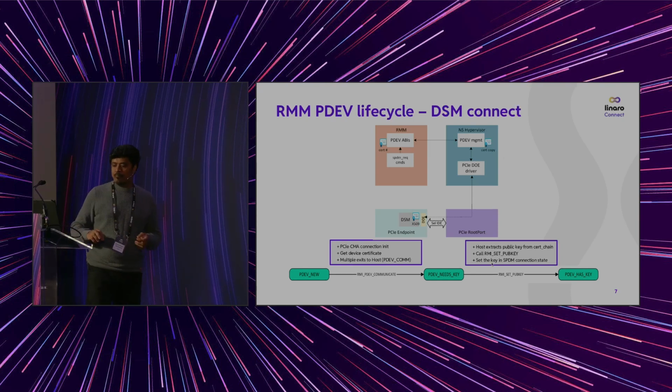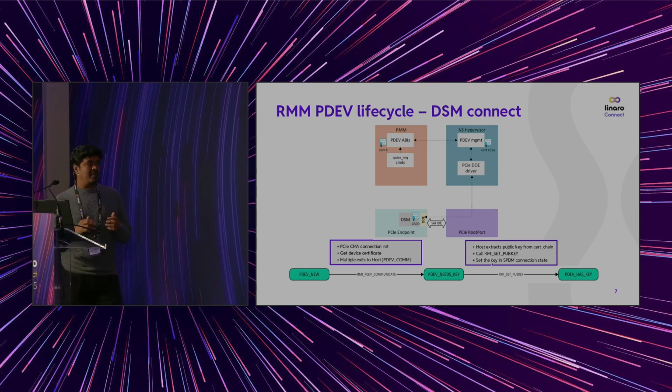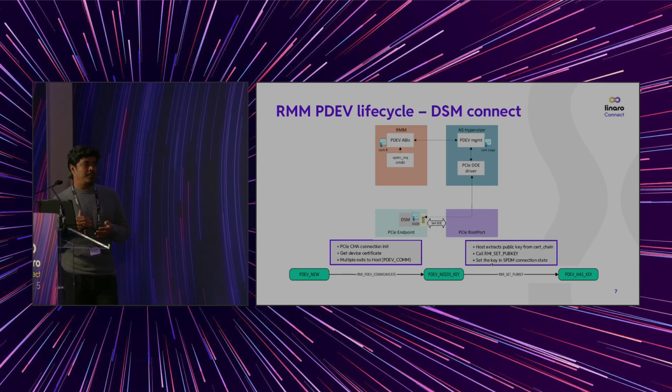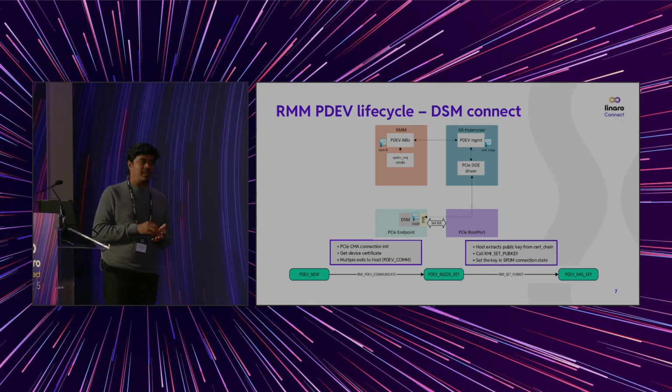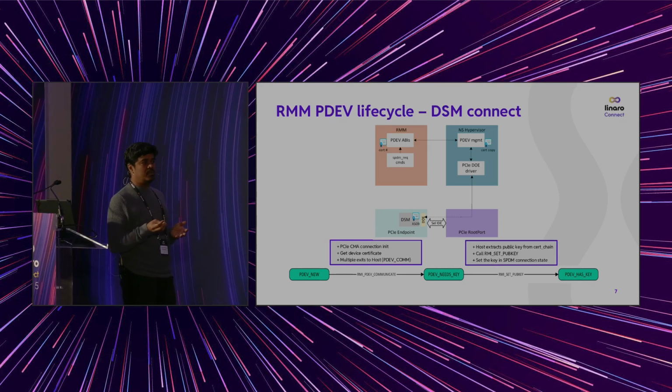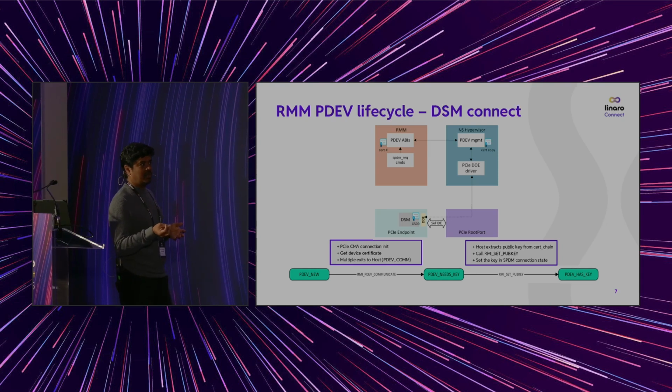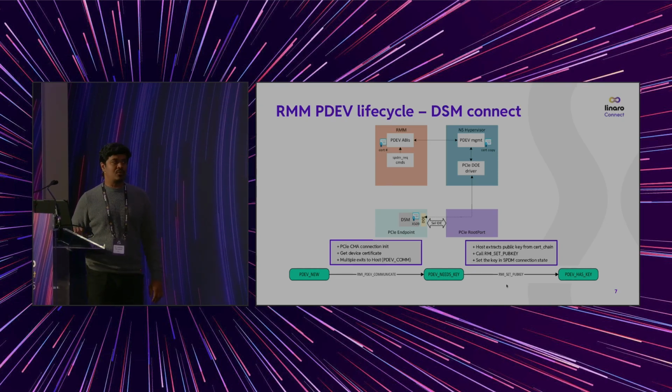Once the certificate is successfully retrieved, the PDO state, which is internally maintained by RMM, moves to the needs key phase. From there, a separate ABI is invoked. The host extracts the certificate, parses it, extracts the public key, and issues the new RMI command to set the public key with the SPDM connection.